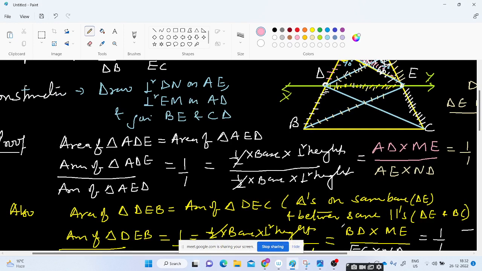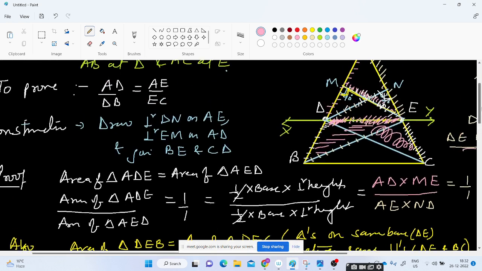Now we join these two lines or diagonals, that is DC and BE. So these two triangles are on the same base DE and between the same parallels DE and BC. So the area of triangle DBE and DEC is also coming same. And again we apply the formula of half base into height.